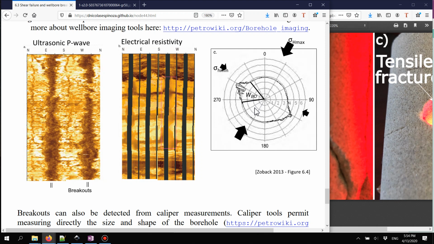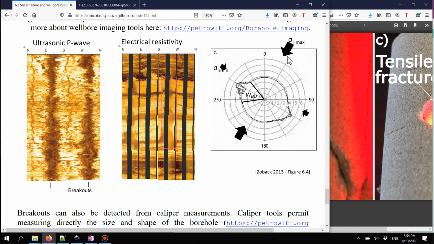And very importantly too is that from these images you can also tell what is the direction of the in situ stresses. In this example of a vertical wellbore, we will always expect to have the breakout angles oriented at a characteristic orientation with respect to the maximum stress.